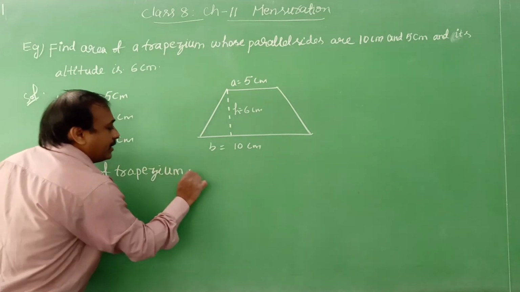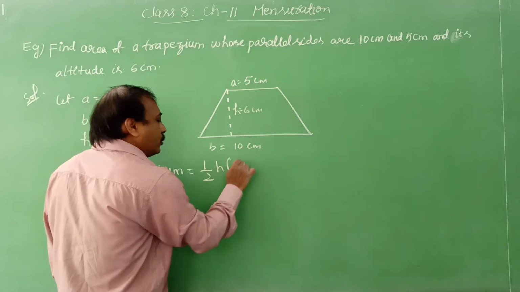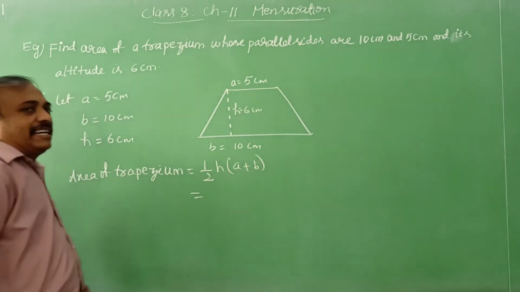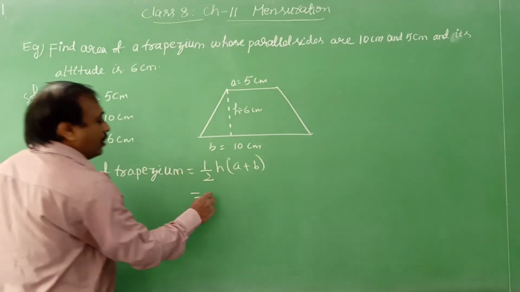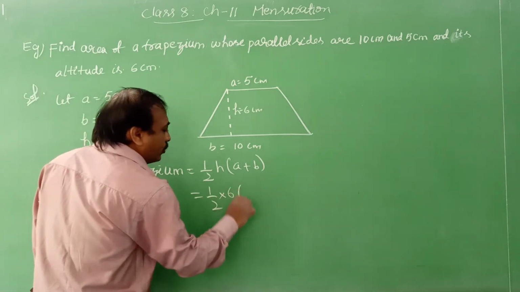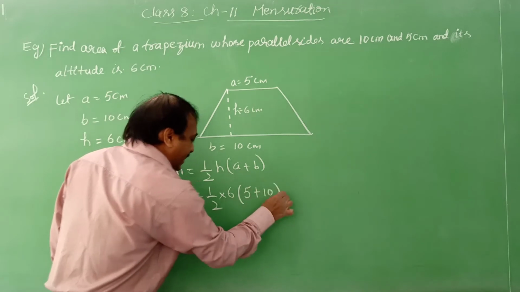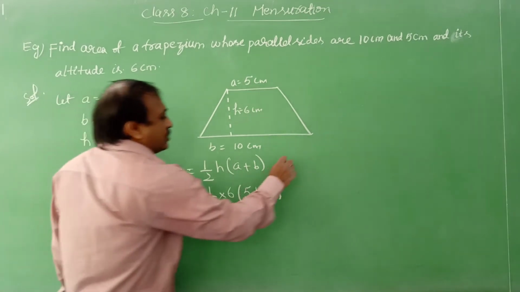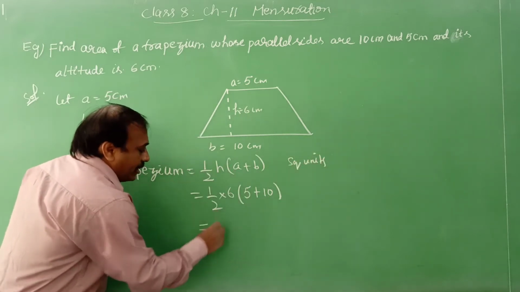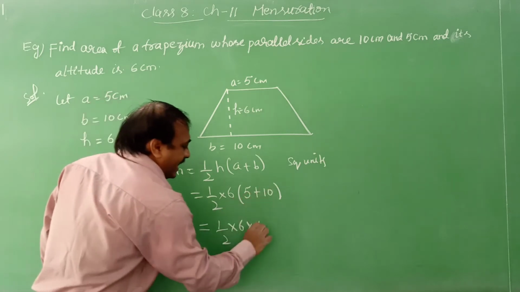What is the formula? Half into H into (A plus B), half of the product of its height and the sum of the parallel sides. So 1 by 2 into H, the height, which is 6, into (5 plus 10).